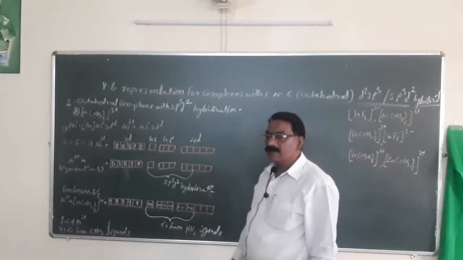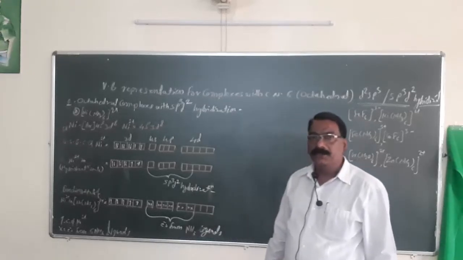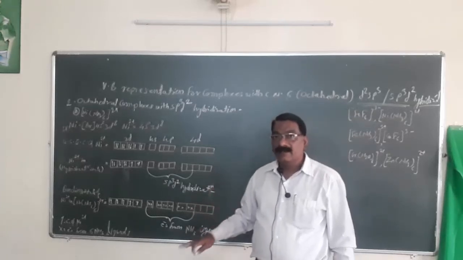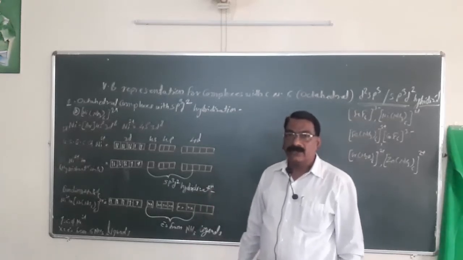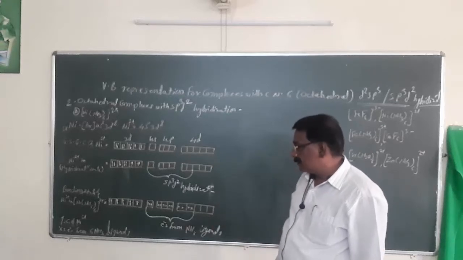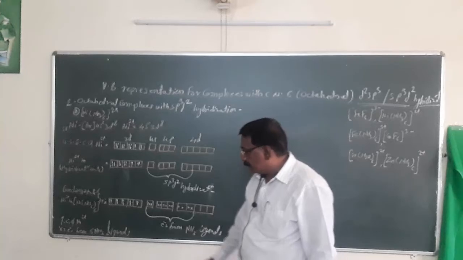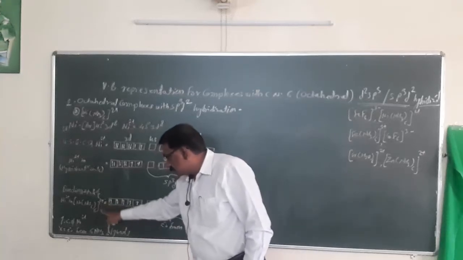Now once it shows the sp3d2 hybridization, 6 ligands can donate their electrons into those orbitals, and we have the bonding state of Ni2 plus in Ni(NH3)6 2 plus.